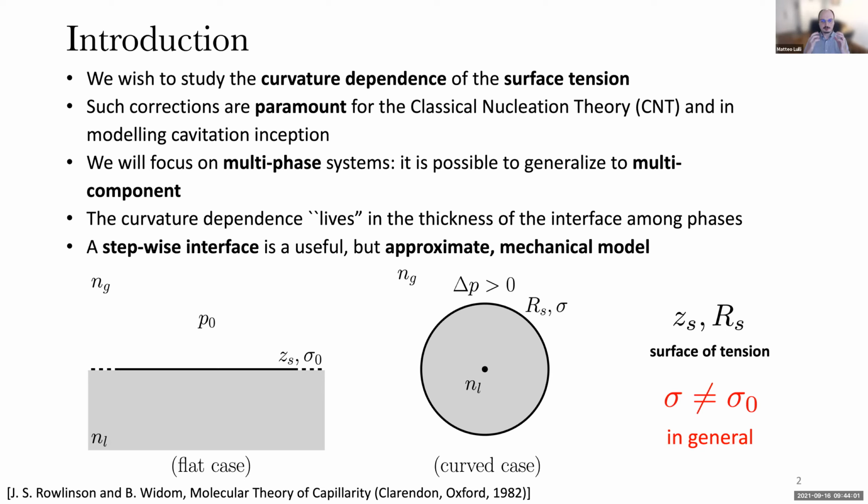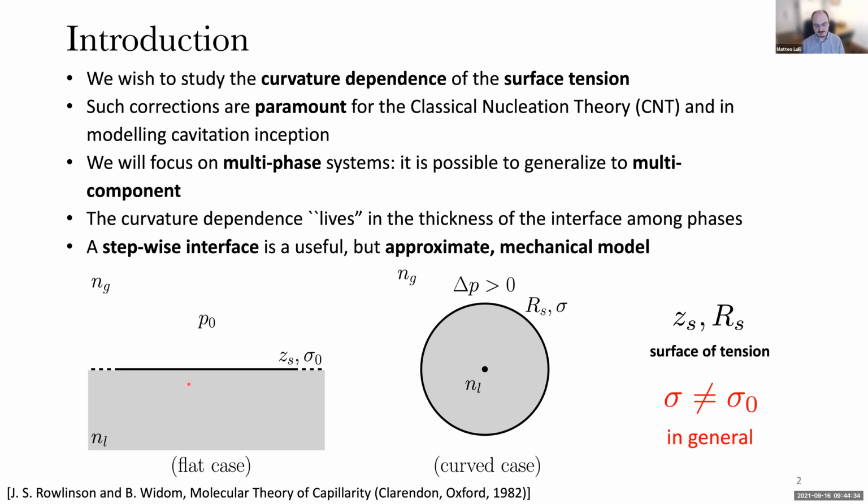So the curvature dependence lives in the thickness of the interface among phases. This already is telling us that thinking about the surface as a jump is not good enough. A stepwise interface is useful, but it's an approximate model, a mechanical model of the interface. So we have, for example, on the left, a flat interface, on the right, a curved interface.